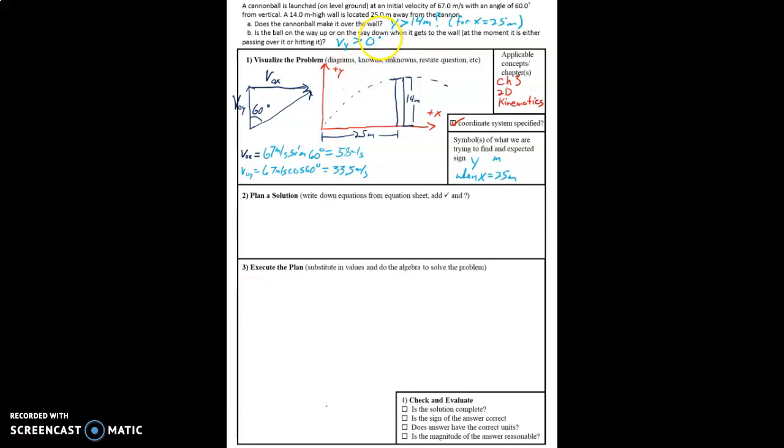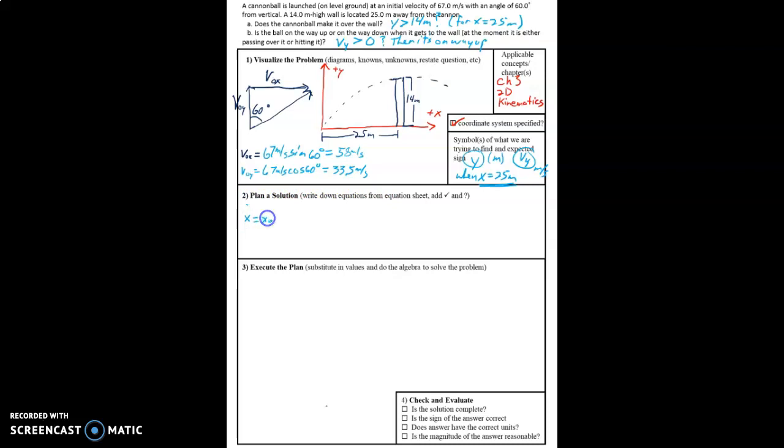Because if it's greater than 0, then it's on its way up. Okay, so we're also going to find Vy. So we find y and Vy, both of which are for when x is equal to 25 meters. So our solution can be based on that.